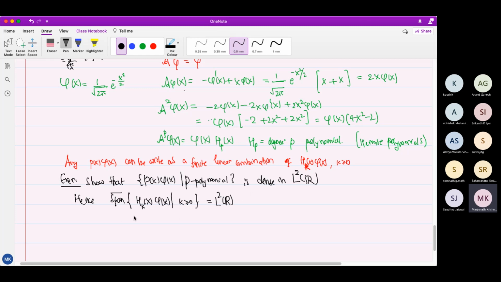But now what I want to say further is that h_k(x) phi(x) is an orthogonal basis. It's not orthonormal. You have to find normalization constants, which can be found. It's an orthogonal basis.